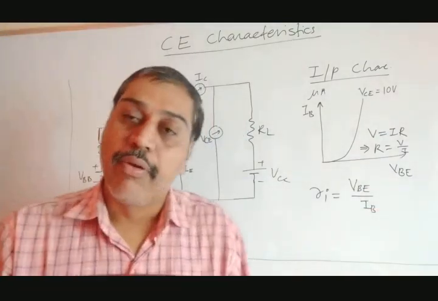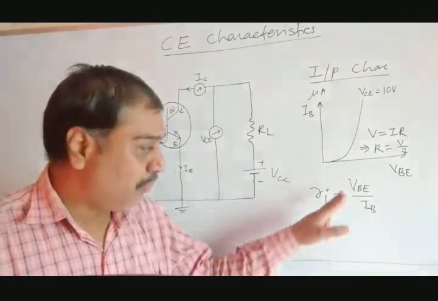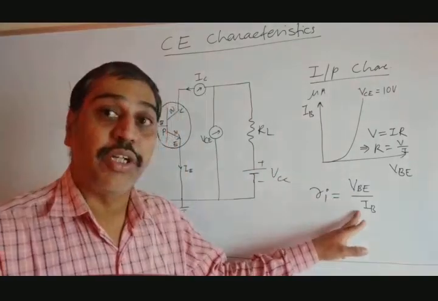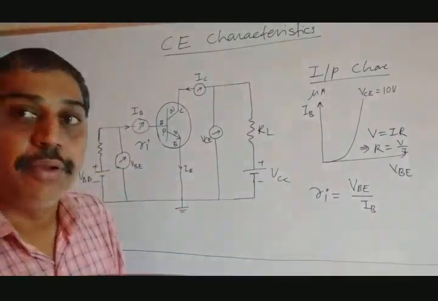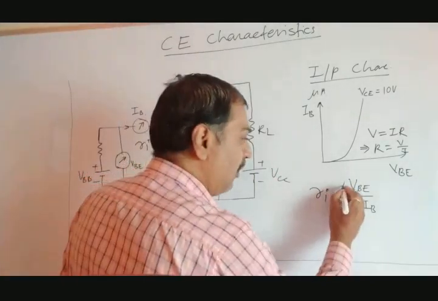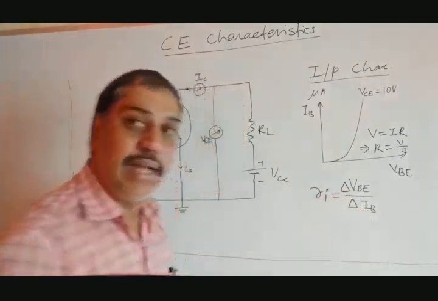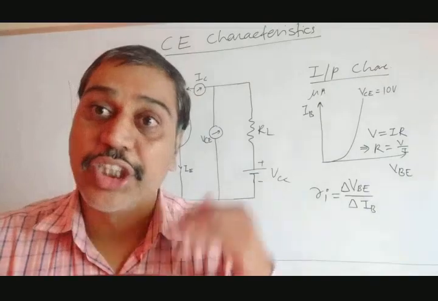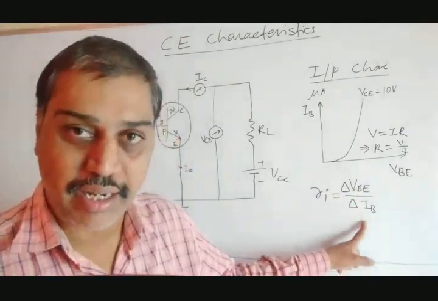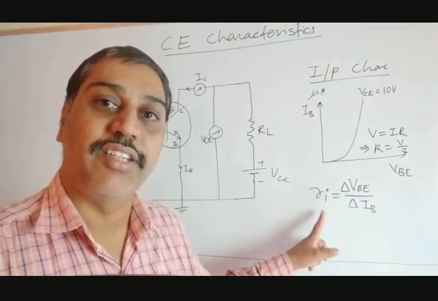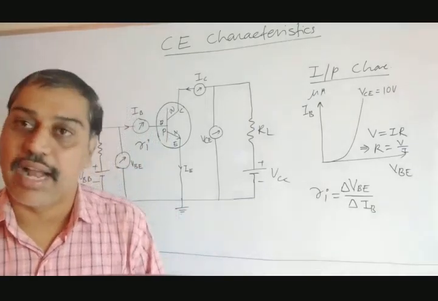And remember, this is possible only when it varies. Vary the voltage, and note down the change in current. Both are varying, so we have to use the symbol delta. This triangular symbol is delta: Ri equal to delta VBE divided by delta IB. Delta means change in voltage divided by the corresponding change in current. Their ratio gives the resistance at the input, and that is said to be the input resistance of a transistor.